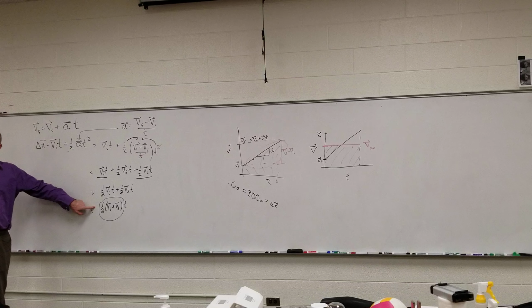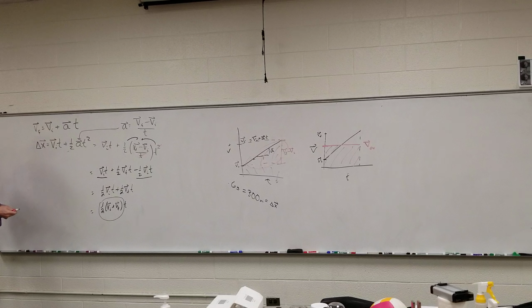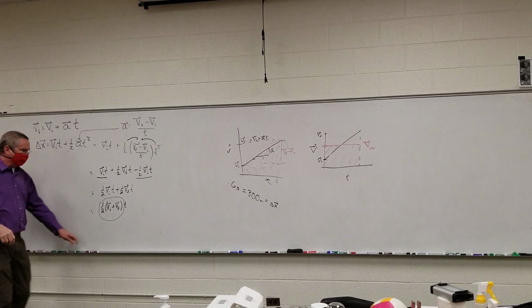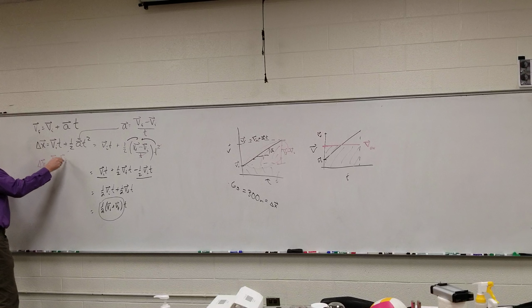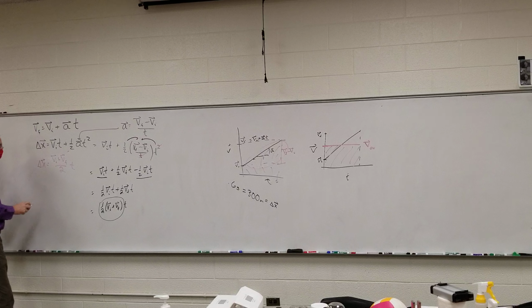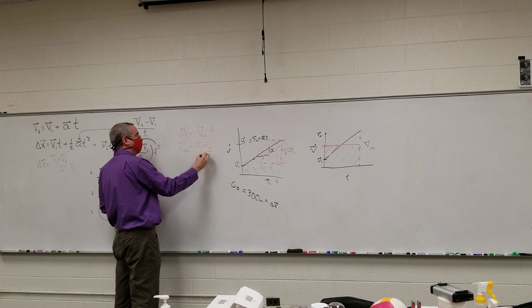This is the actual cake formula right here, but I think the textbook writes it slightly differently. They put it over two, they distribute that half the rest of the way. Maybe it's a different textbook that writes it slightly differently. So the cake formula, delta x, is equal to VI plus VF over 2 times time. Or sometimes they will do delta x is equal to the average velocity times time, where the average velocity is just VI plus VF over 2. Those two.